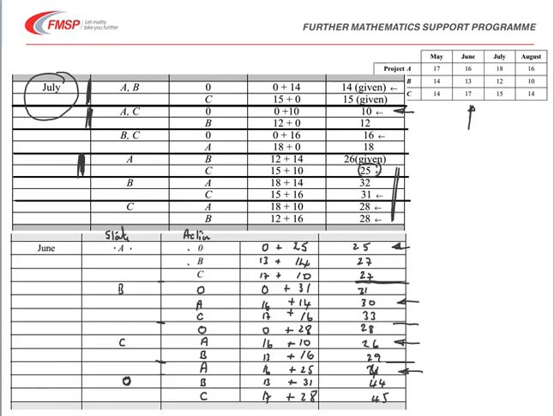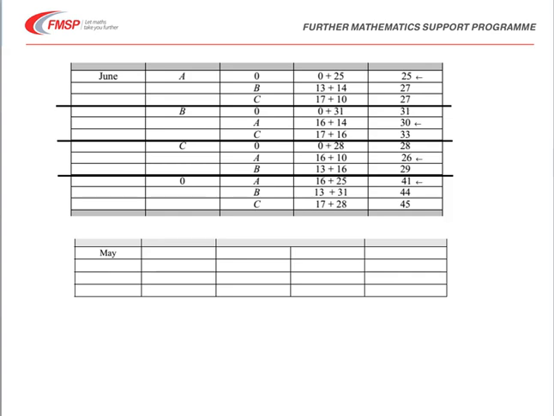Right, we're nearly finished now. So that's where we're at the moment, and now we've got to work back one further month. So in May we have obviously our starting month, so the state we have in May must be state 0.